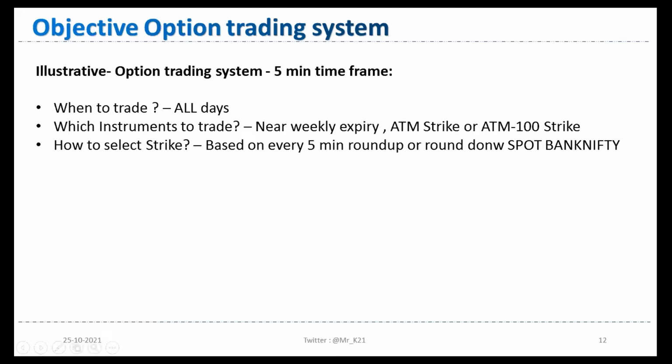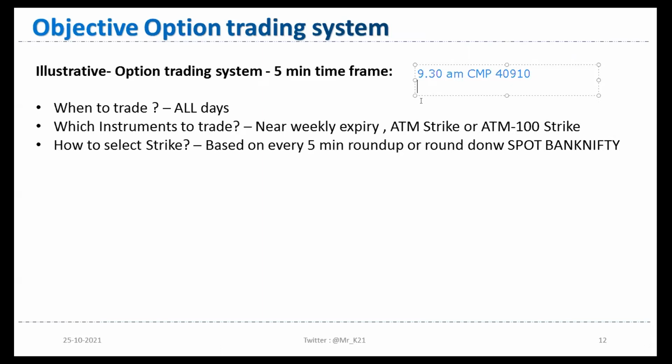So let's take a pause and try to understand what this means. Say, for example, at 9:30 a.m. your CMP spot Bank Nifty is, say, 40,910. It means we have to round down or round up. If the last two digits are 50 or above, then we round up, and if it is below 50, we round down.